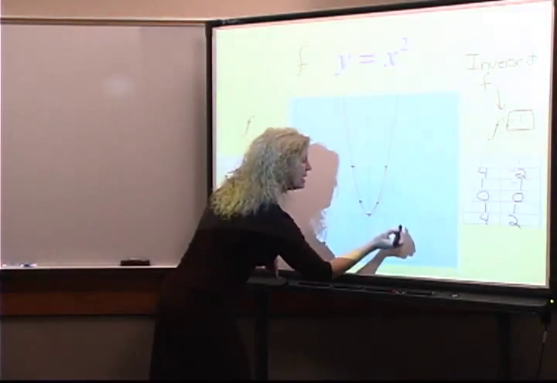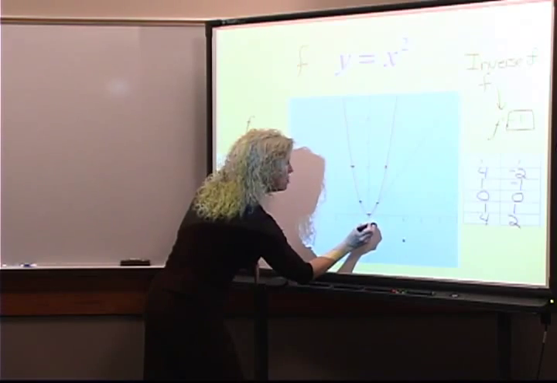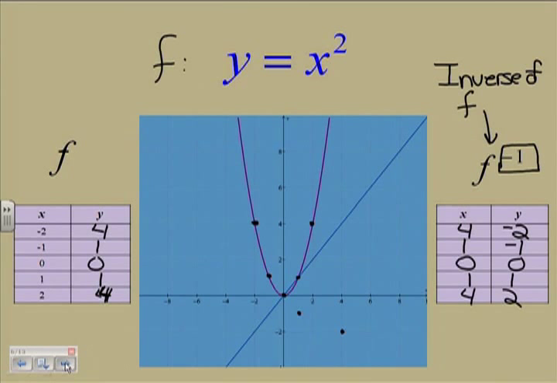So I've got 4, -2. I've got 1, -1, which would be in about here. 0, 0, 1, 1, and 4, 2. And all the other points would also be switched around, and I get that cool little sideways parabola.